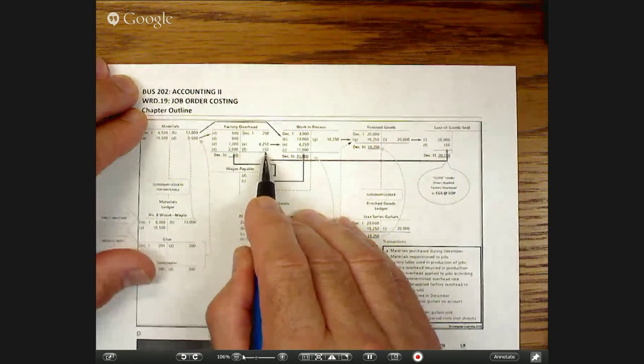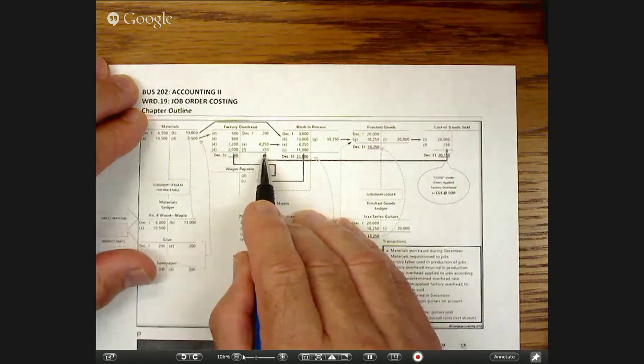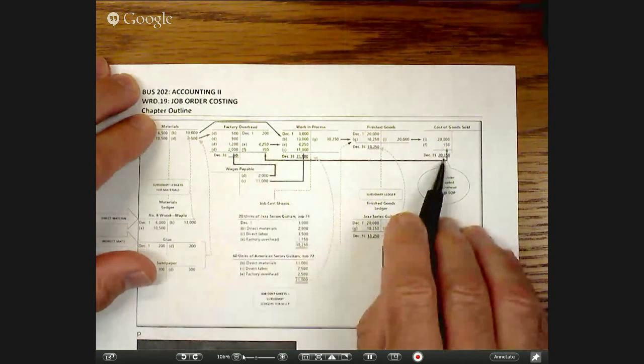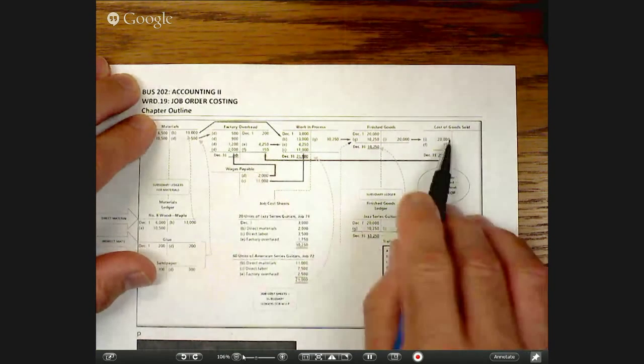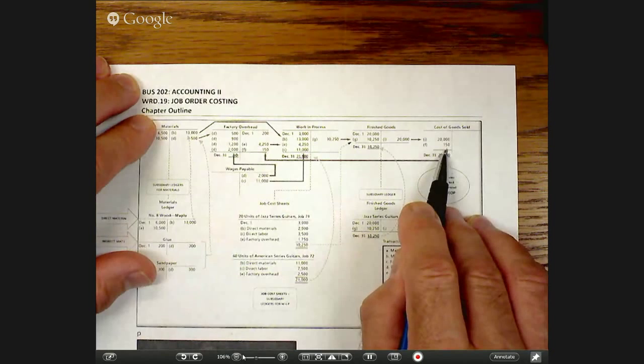For simplicity, that $150 under applied overhead will be debited or shown as an increase to the cost of goods sold account.